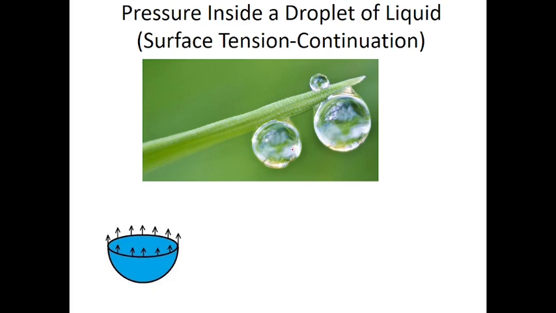So to find that pressure, let us derive the formula. We cut it in half and we apply a force. So there is a force that exists due to pressure inside this droplet.